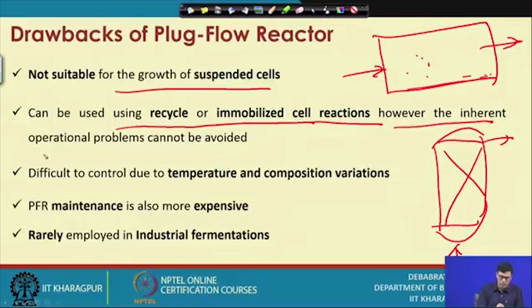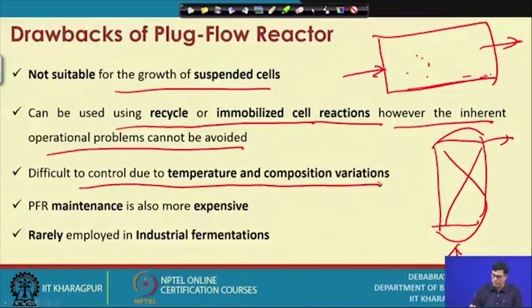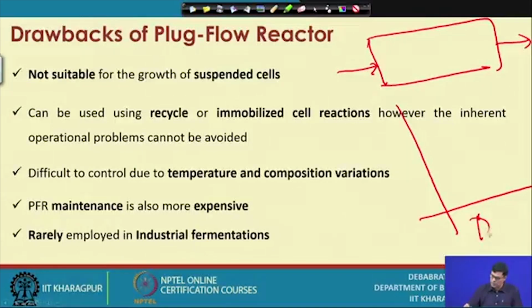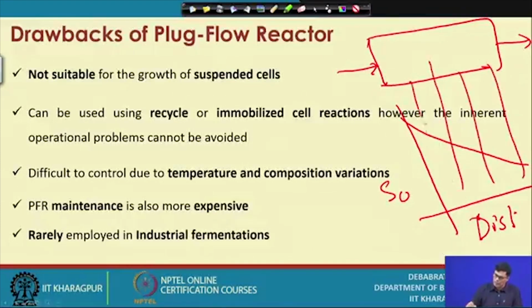However, the inherent operational problem cannot be avoided. What is the operational problem? There should not be any back mixing. It is difficult to control the temperature and composition variation. Suppose in this reactor you make a concentration profile with respect to distance; at different distances your substrate concentration will be different.